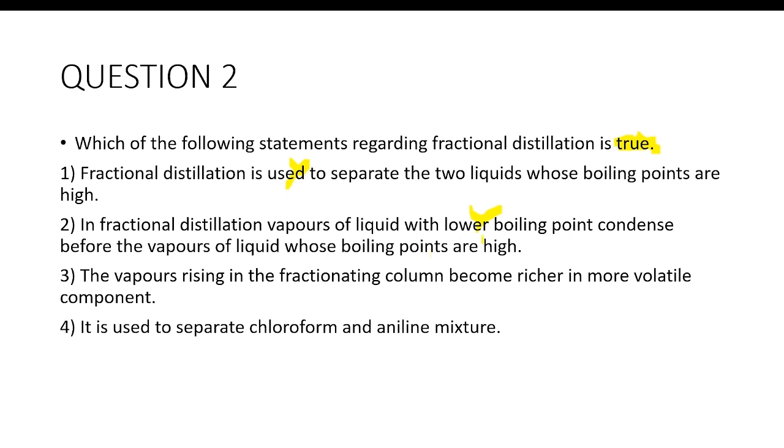So this statement is wrong. Next, the vapors rising in the fractionating column become richer in the more volatile component. This is a true statement, so option 3 is correct. The fourth option says it is used to separate a chloroform and aniline mixture. No, a chloroform and aniline mixture is separated by simple distillation. So option 3 is the correct one.